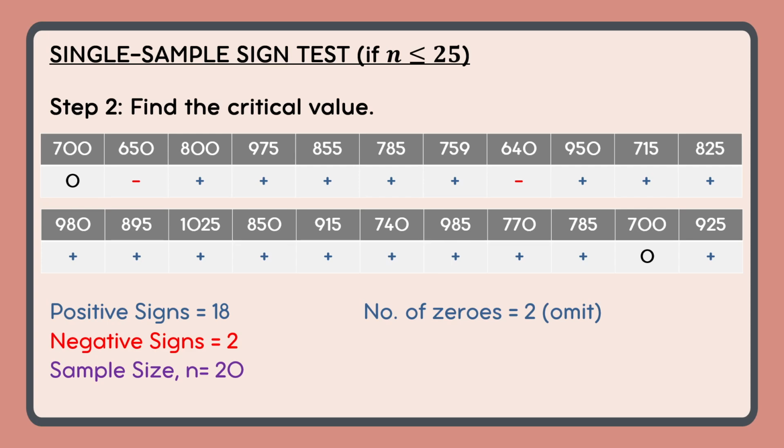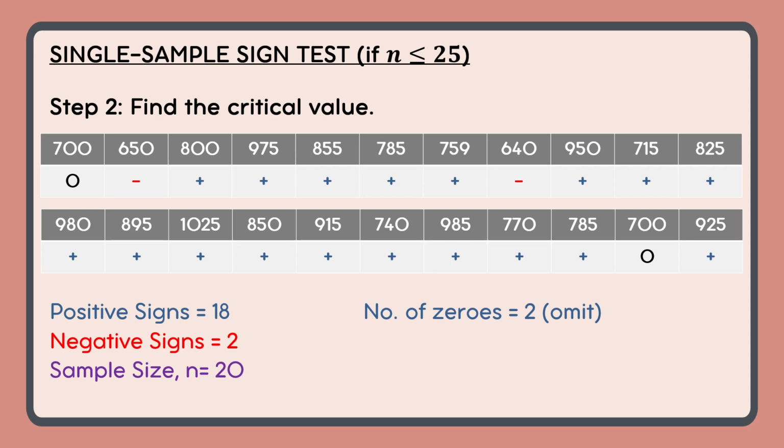If the data value is above the hypothesized median, which is $700, then we will assign it a positive sign. If the data value is below the hypothesized median of $700, then we will assign it a negative sign. On the other hand, if the data value is equal to the hypothesized median, then we will assign it 0.